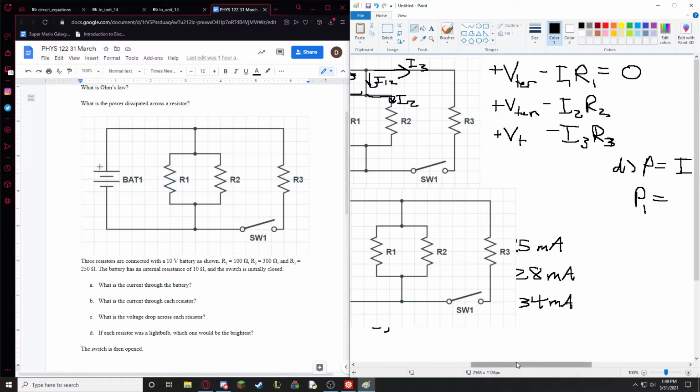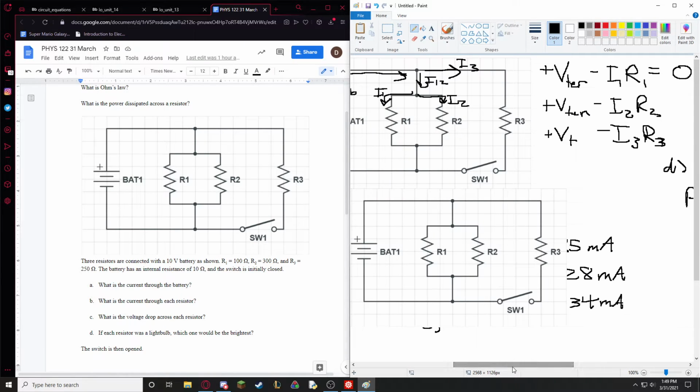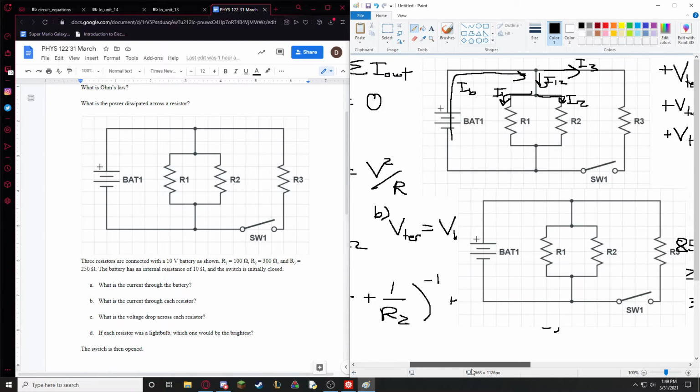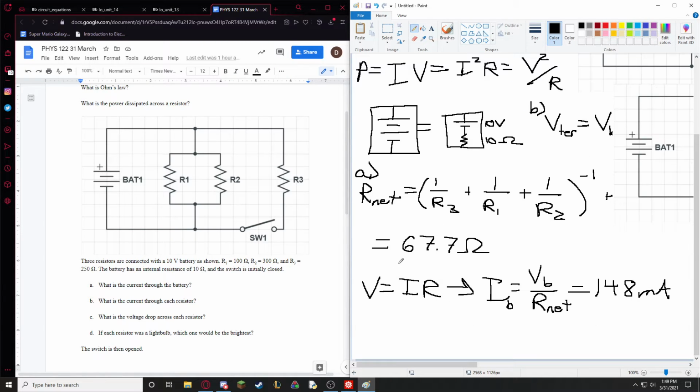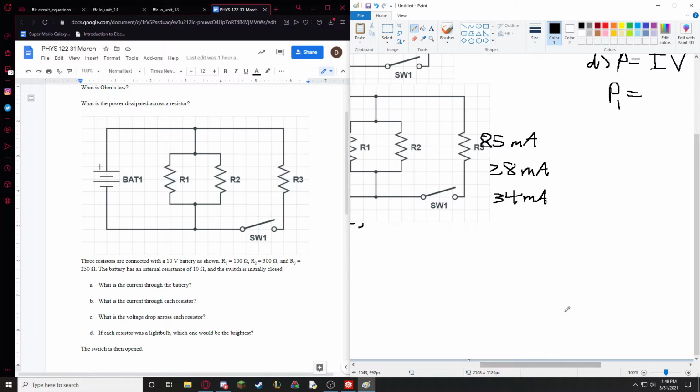Let's see, I2 was 28 milliamps, I3 is 34, and then what was I1 again? Come on, guys, you gotta be writing these down. I'm pretty sure it was 85. I just did some mental math in my head. 85 plus 28 plus 34 has to be our current through the battery, which is 148.